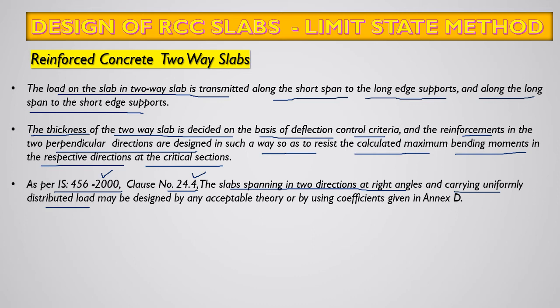They may be designed by any acceptable theory, or you can design them using coefficients, known as moment coefficients. For getting the moment coefficients, we have to refer to Annexure D.